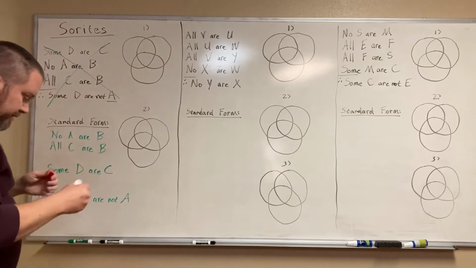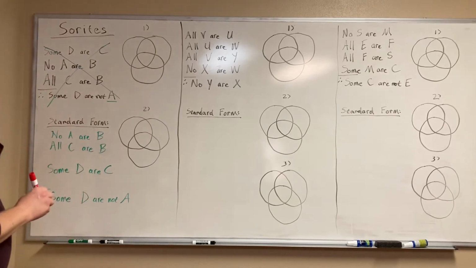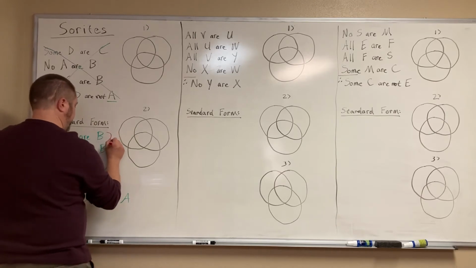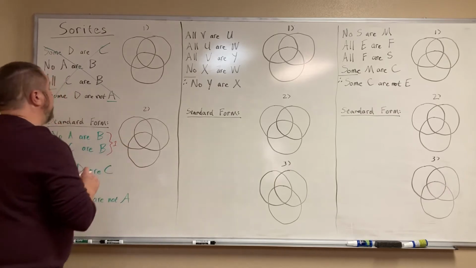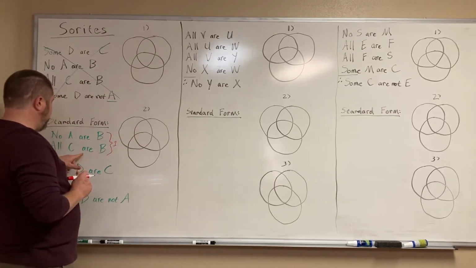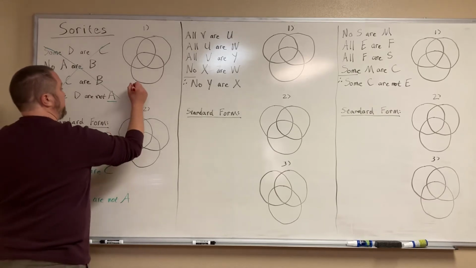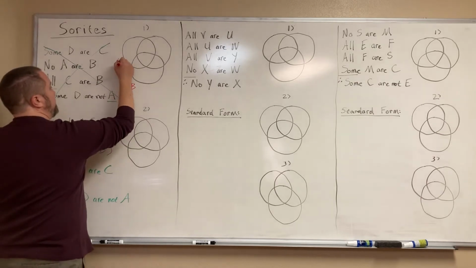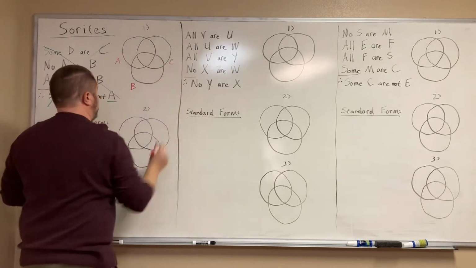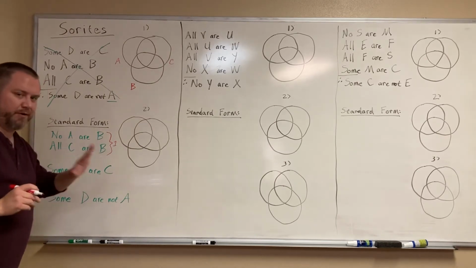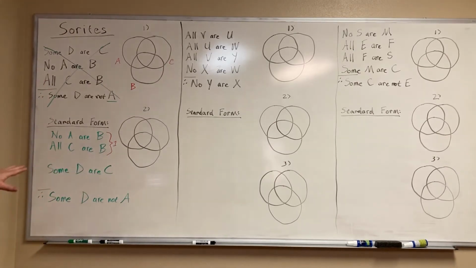So the first one, we're going to be using, so this is the Venn diagram for the first two premises. So number one, we're looking at no A or B, all C or B. So B is the middle term there. A and C, just label those. Doesn't really matter what order you do. I know we were really consistent with the categorical syllogisms.